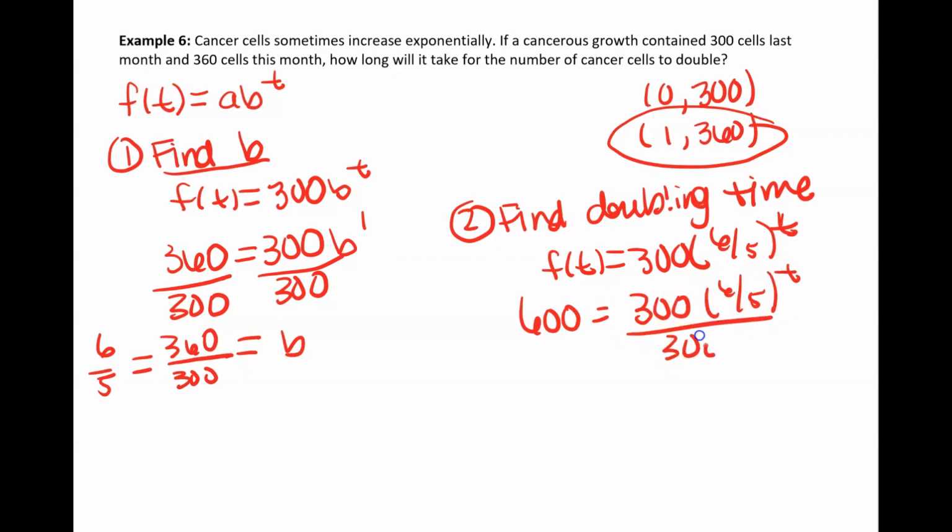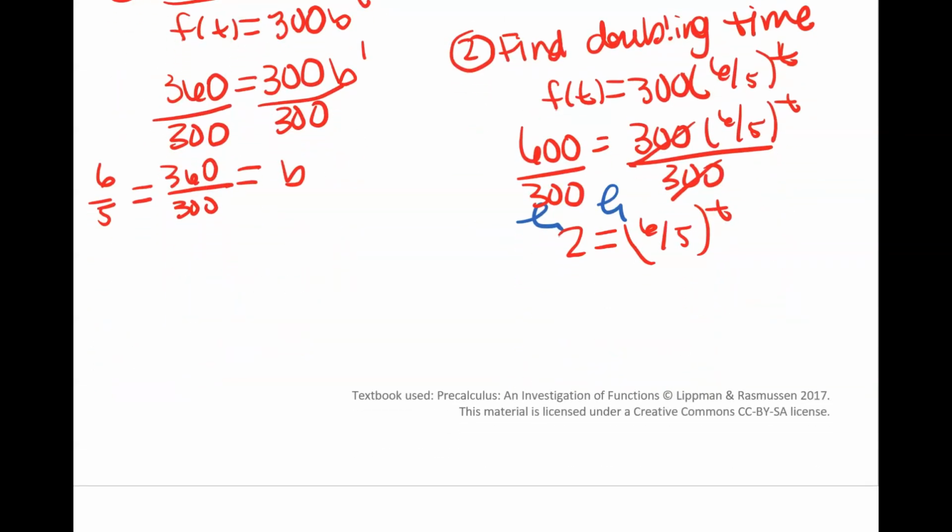Divide by 300. So it gives me 2 equal to 6 over 5 to the t. And then to get that variable out of the exponent, I'm going to have to ln both sides. So that gives me ln 2 equal to ln of 6 over 5 to the t.